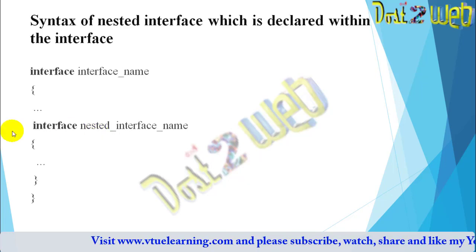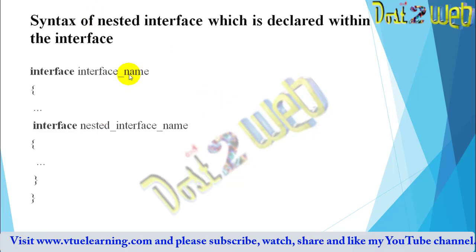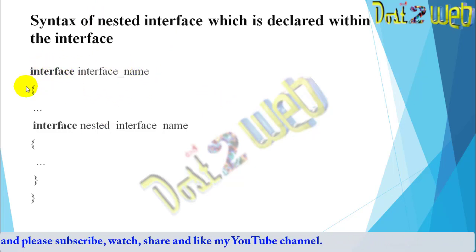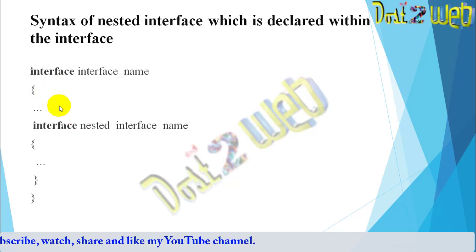So what is the syntax for a nested interface? Similarly, you give the interface name and the opening brace. Then inside that, you can declare another interface with any interface name.